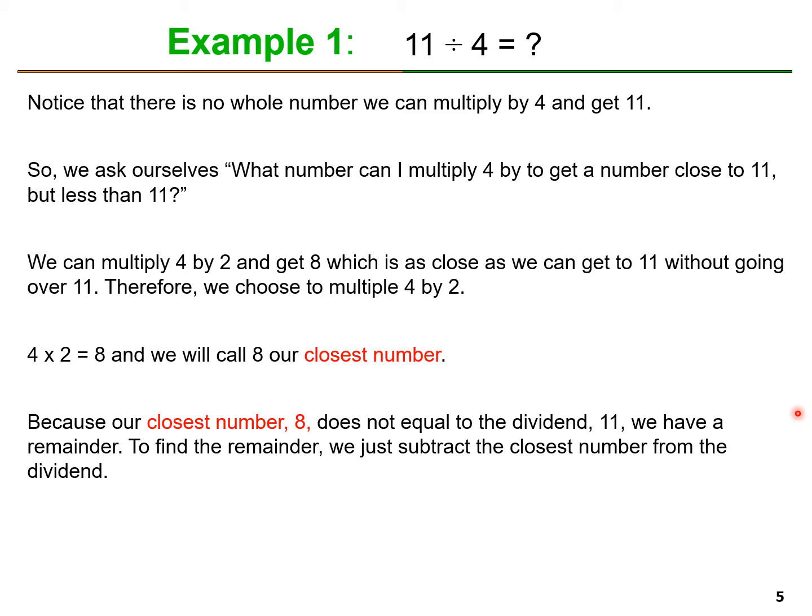Because our closest number, 8, does not equal the dividend, which is 11, we have a remainder. To find the remainder, we simply subtract the closest number from the dividend. The dividend is 11 minus our closest number, which is 8, is equal to 3.